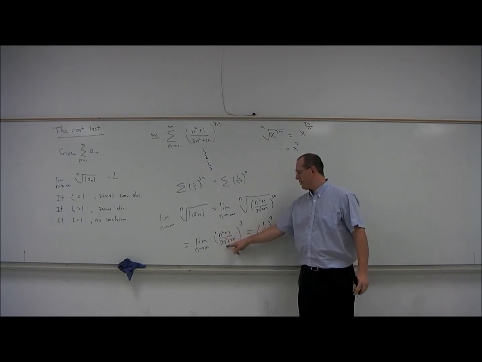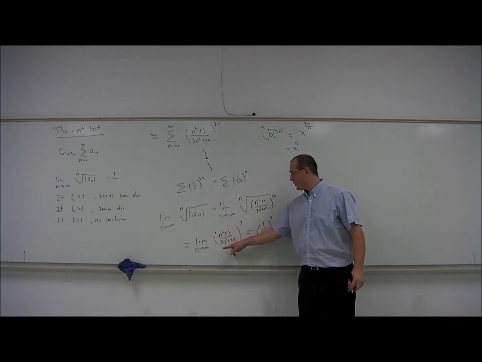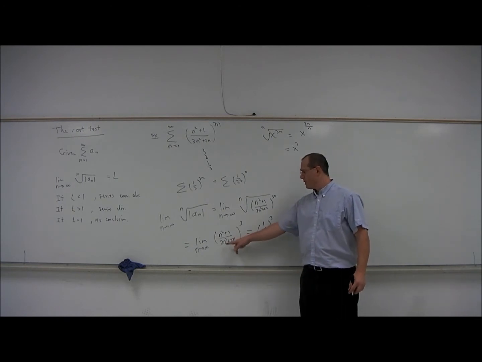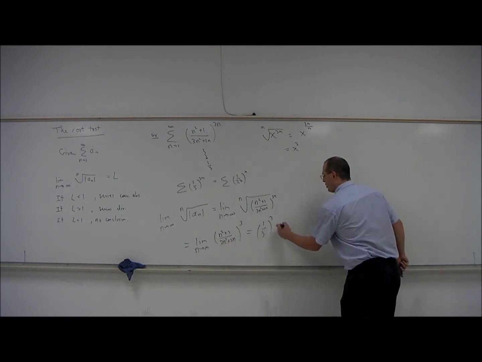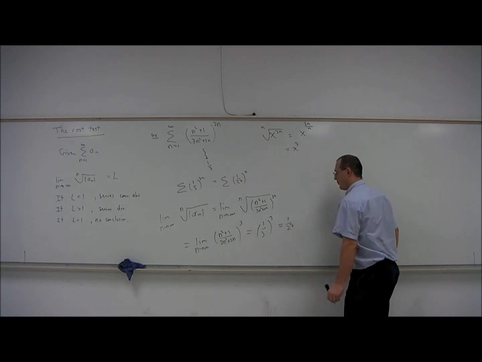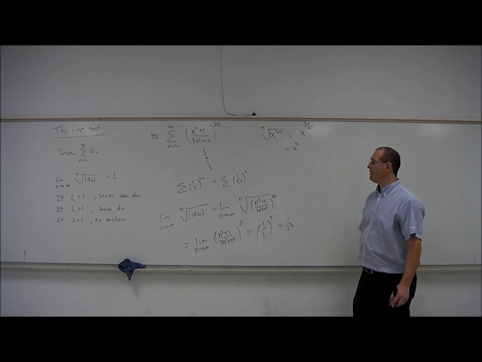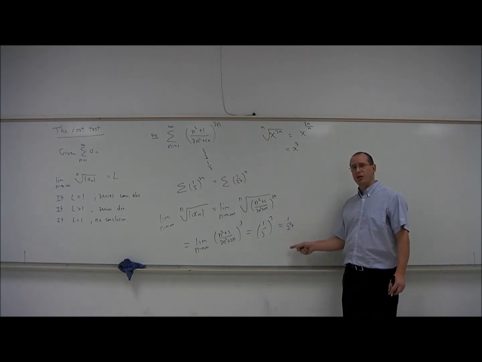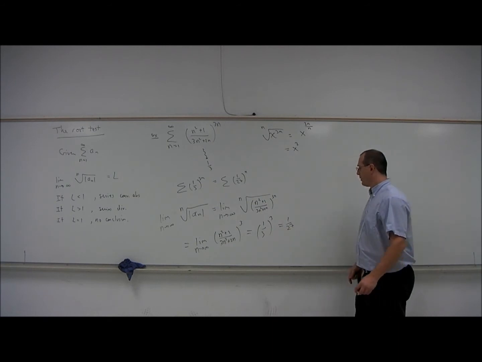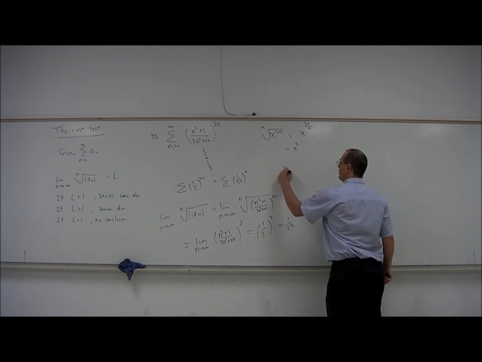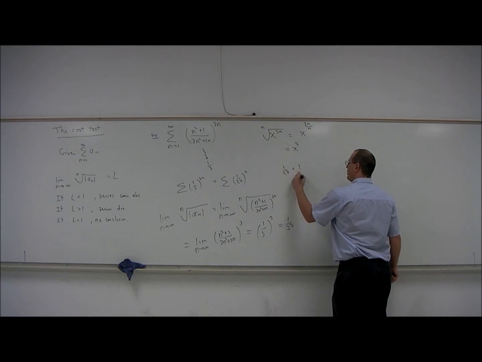We have the same degree polynomial in the numerator and denominator. They're both degree 2. And the ratio of the lead coefficients is 1/3. So the limit is going to be 1/3 cubed, which is 1/27. So this series is behaving like a geometric series with ratio 1/27. And so since 1/27 is less than 1, the series converges.